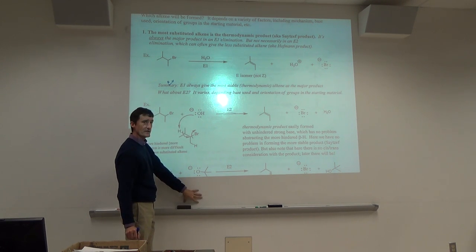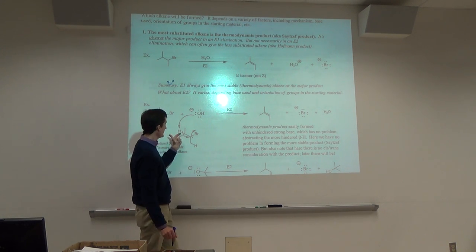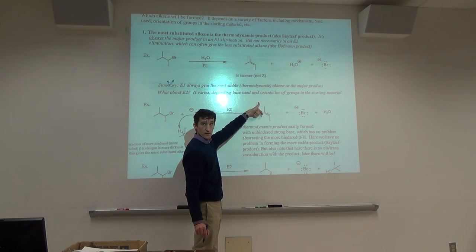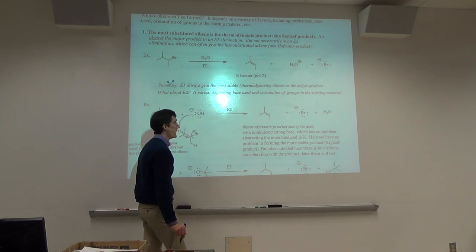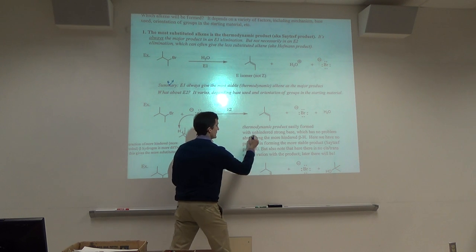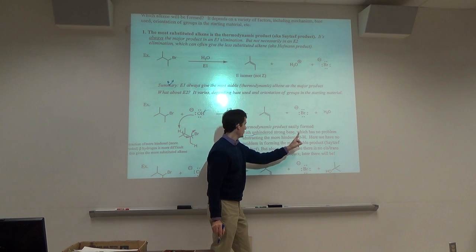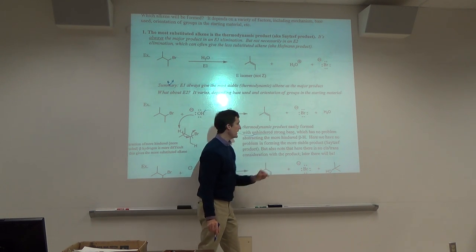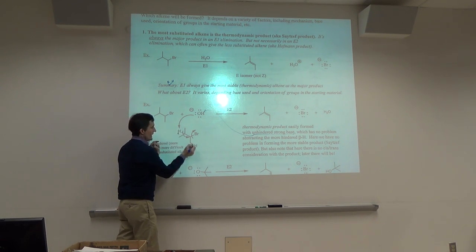Also, I'm going to show you something else down here, and then we're going to compare. But right now, it could take that H. If it did take that H, we would get the Zaitsev product. Another name for the thermodynamic product: Zaitsev product. The Zaitsev product is easily formed with an unhindered strong base, which has no problem abstracting the more hindered beta hydrogen. Which beta hydrogen is more sterically hindered or crowded, A or B?